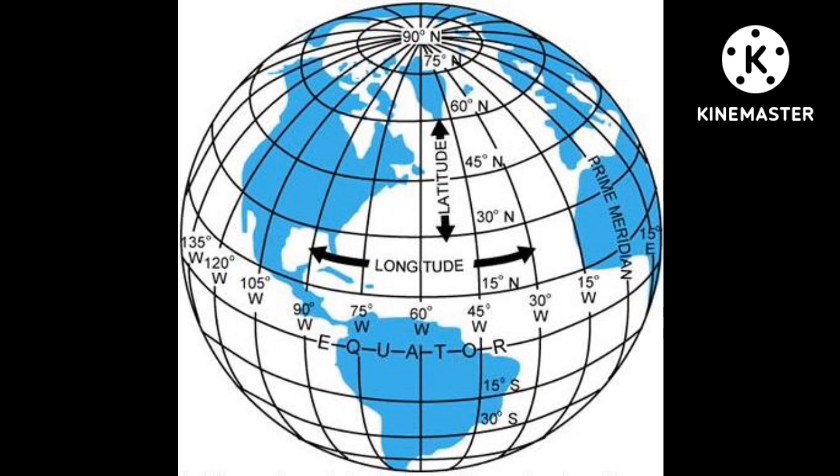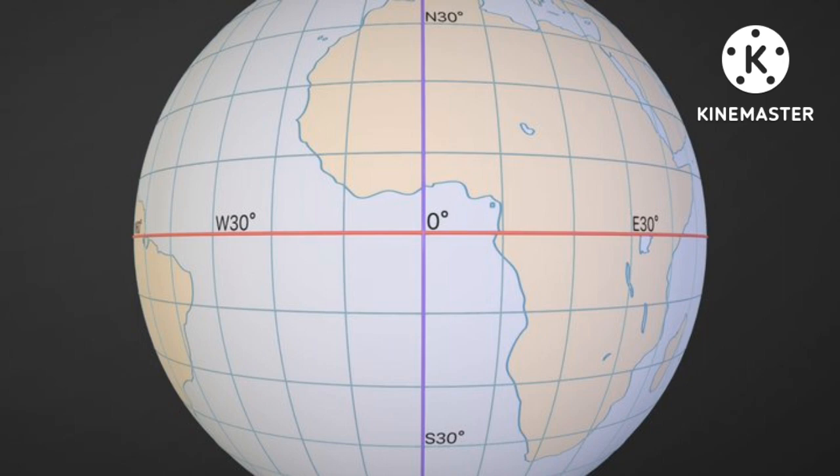Any distance above the equator is measured in degrees north, meaning the place is located north of the equator. South of the equator, places are measured in the distance from the equator in degrees south.